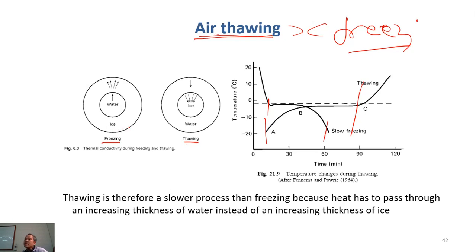When you do freezing, water on the surface become ice first, right? When you do freezing, you remove the heat from food, right? When the outside become ice, this is thermoconductivity. Thermoconductivity: how fast the heat is transferred.